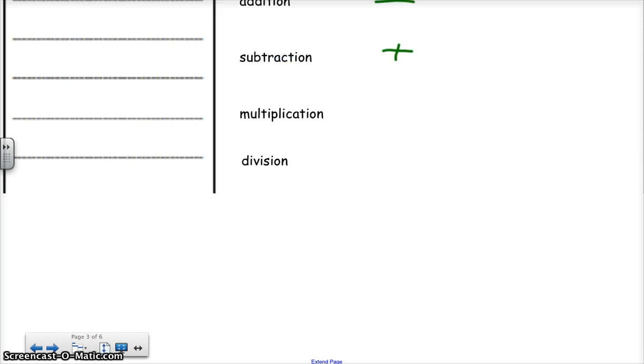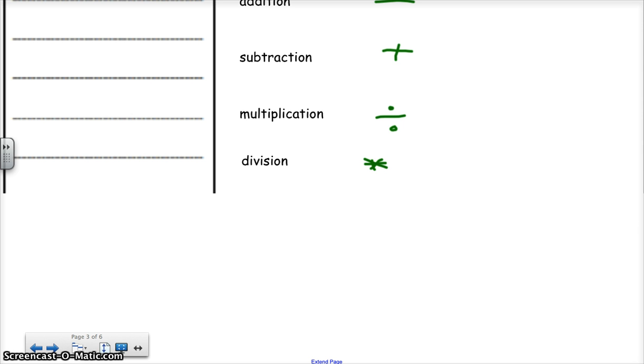Division. Division undoes multiplication. It cancels it out. Division, what's the inverse? Multiplication. For multiplication, I use an asterisk. You can use whatever you want. I wouldn't really use an X because now we're talking about algebra and variables are going to be present. So multiplication undoes division. Those are all the inverses, all the opposites.